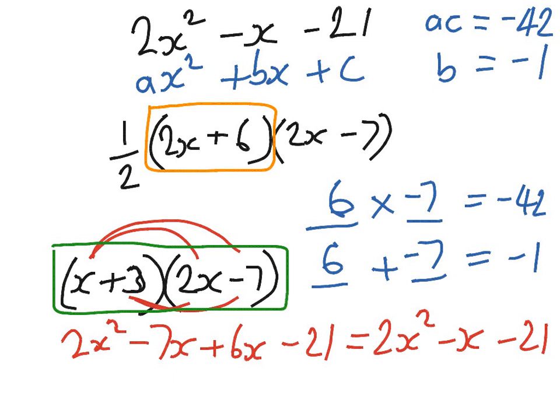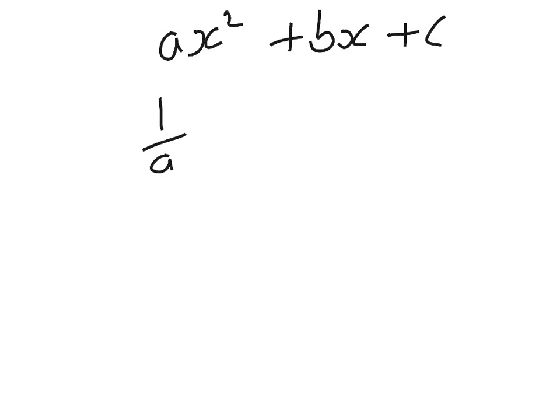The last thing that I'm going to do is put together the algebraic form of this. If we have ax squared plus bx plus c, then we're going to have 1 over a, because that is our coefficient of x squared. And then in the first bracket, we've got ax, and exactly the same in the second bracket, ax.